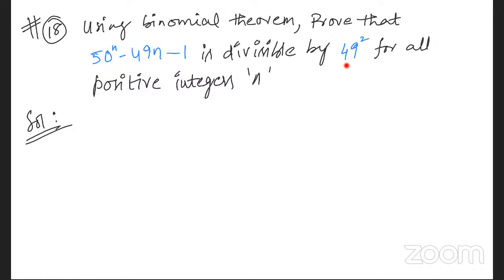Now consider 50 to the power of n minus 49n minus 1. So we can write 50 as 49 plus 1 whole power n minus 49n minus 1 as it is.